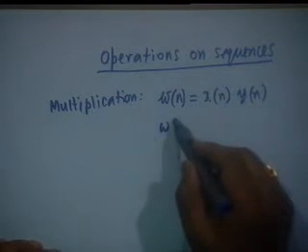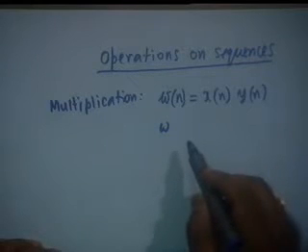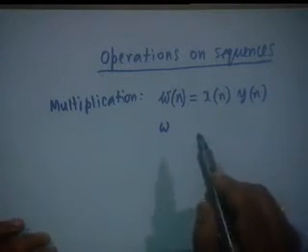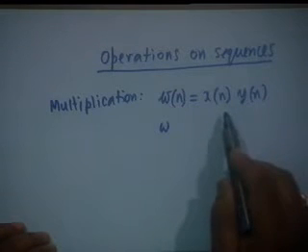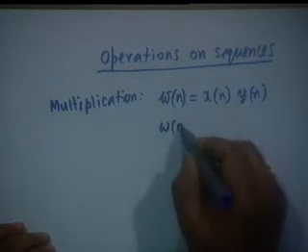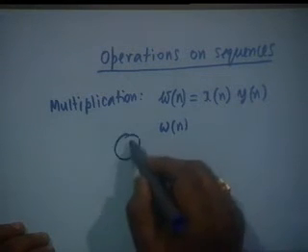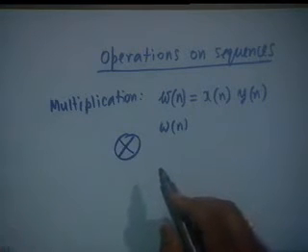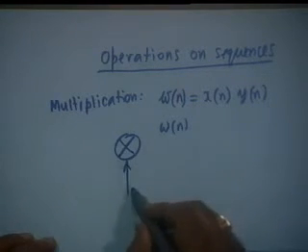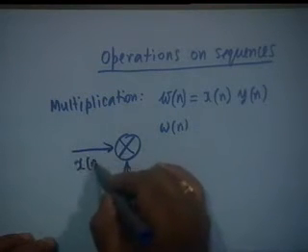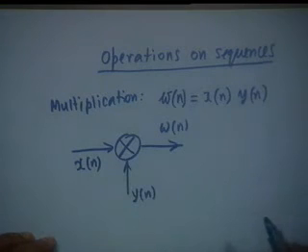The ith sample in w is obtained by the ith sample of x multiplied by the ith sample of y, and the symbol used for multiplication, which is nothing but repeated addition, takes y of n, x of n, and gives w of n.